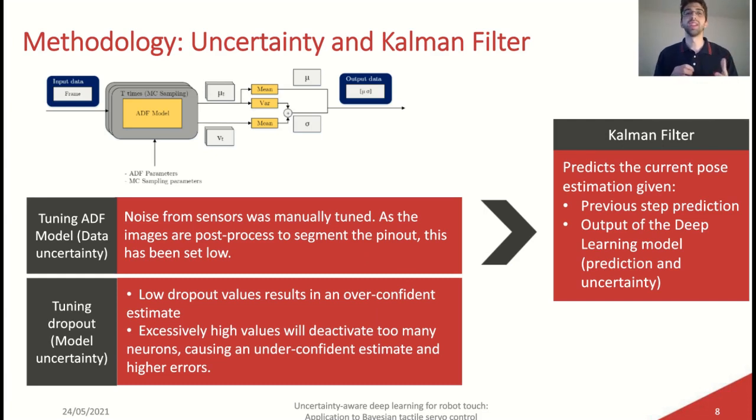And I would like to remind you that for the model uncertainty, it is necessary to use an architecture with dropout enabled and to feed the same input several times. To this end, the dropout has been set to guarantee the best quality estimation of the uncertainty. Then the information related to the pose estimation and its uncertainty was fed into the Kalman filter which, along with the previous step prediction, makes it possible to improve the performance.